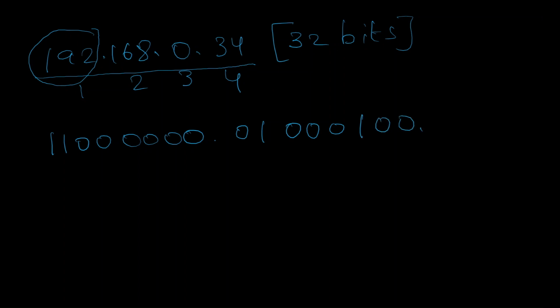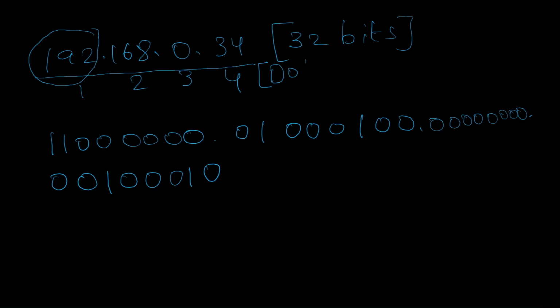And 0 can be expressed as 8 zeros, and 34 can be written similarly. If I represent this IP address in binary, this is how it looks. The first representation is dotted decimal, and the second one is binary.